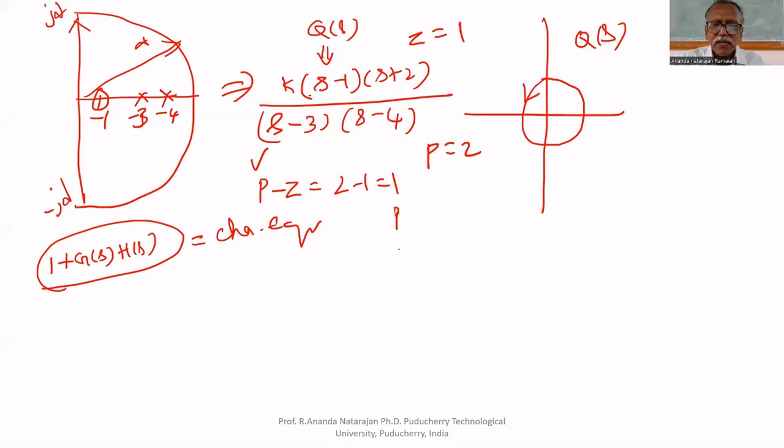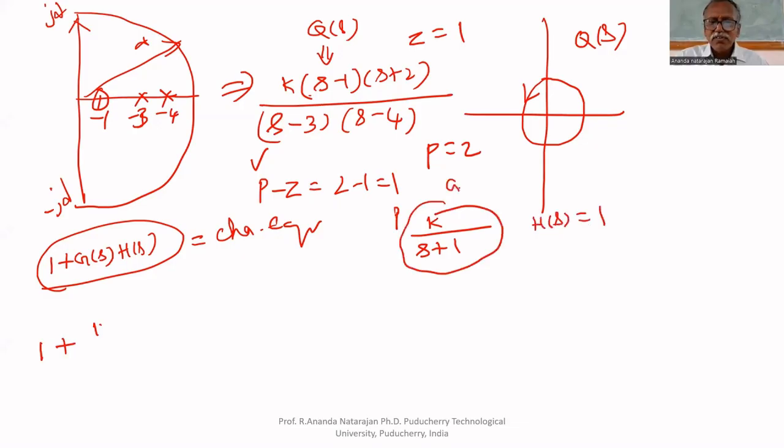Suppose I am having the system K upon S plus 1. What is the characteristic equation? 1 plus G of S, H of S, where H of S equal to 1. This is the G of S, this is H of S.